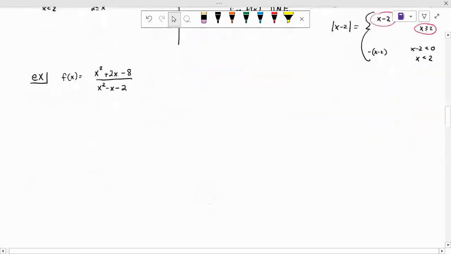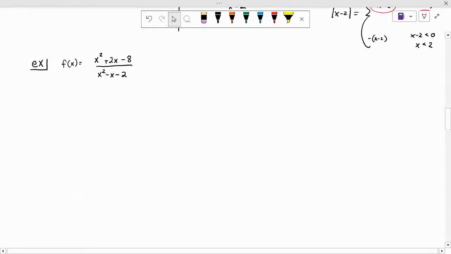I forget, I should have written down which, well, let me slow down here. Let me factor this really quick because I forget which one. I was going to consider the behavior as x approaches 2 here.